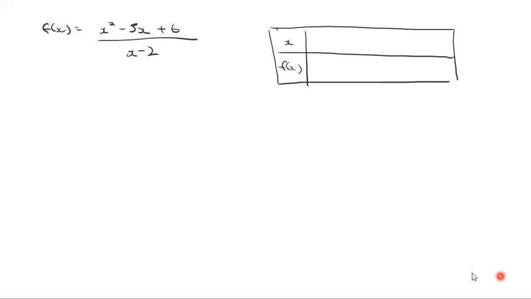Now we know we can't do 2. But let's work out 1.9, 1.99, 1.999, and see if you can figure out what those numbers are. Let's see if we see any sort of pattern to them, okay?